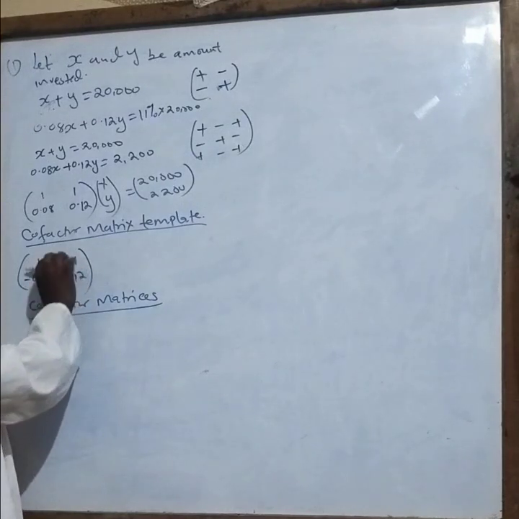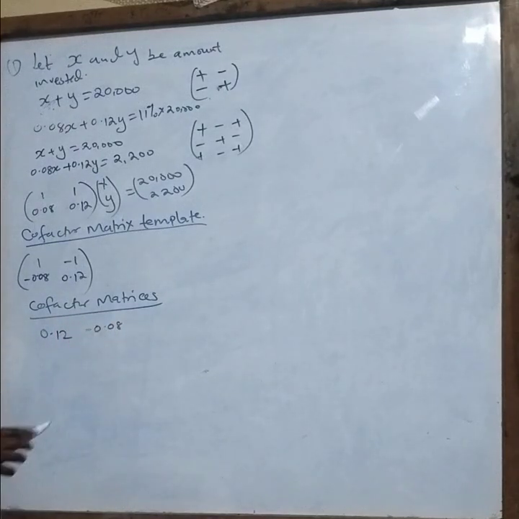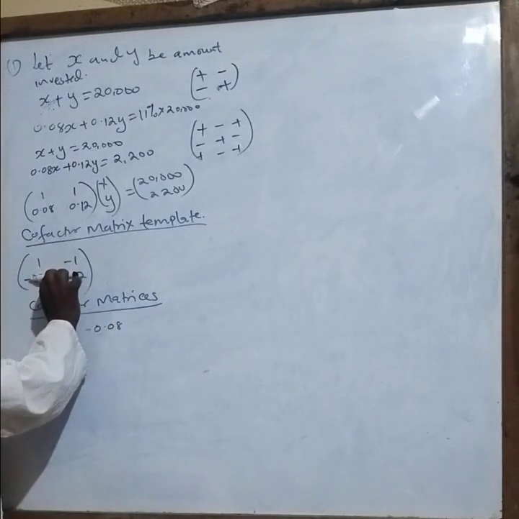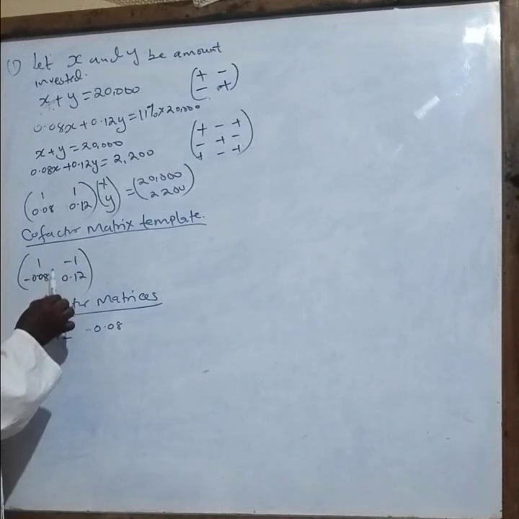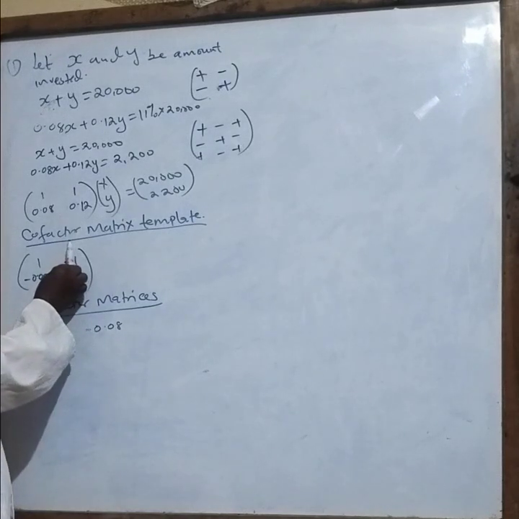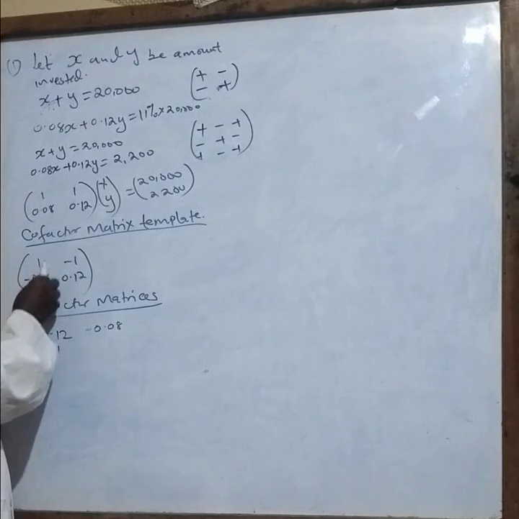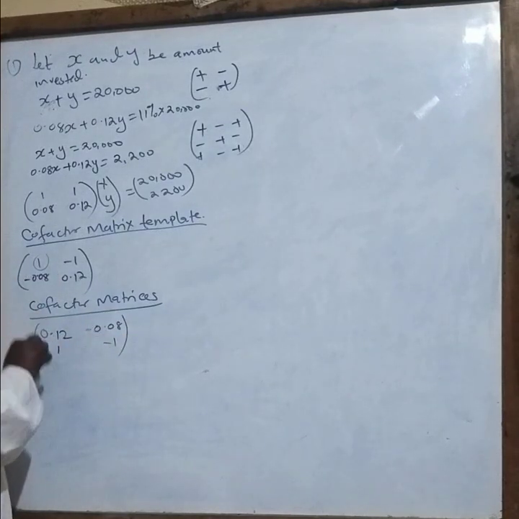So when I close that like that, here will be negative 0.08. Go to the second row, you close it like that. Then the first column, what is remaining is negative 1, so you put there negative 1. Then you close here and close that. What is remaining there is positive 1, like that. So that is your cofactor matrix.